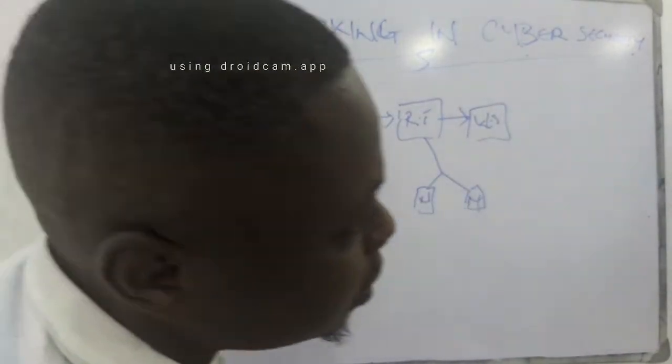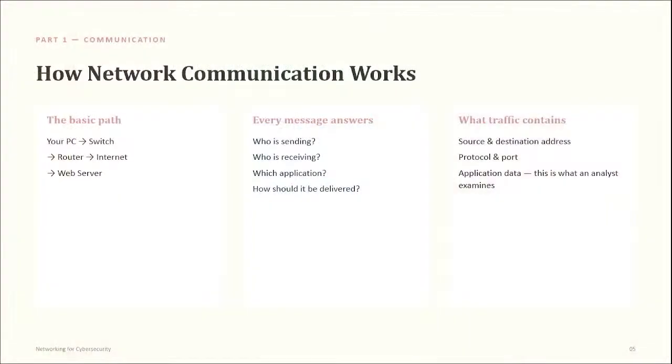The next thing is that every message answers questions: who is sending this message, who is receiving it, which application is used in sending it, and how should it be delivered? Moving on, we're going to break this down. Then, what traffic contains: the source and destination addresses, the protocol, ports, and application data. This is what an analyst examines.